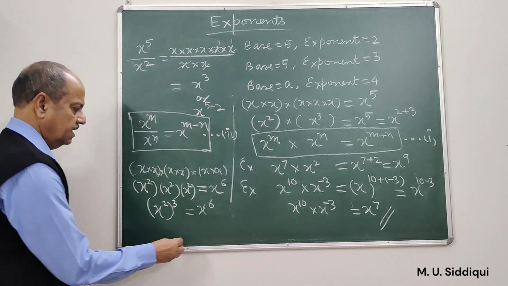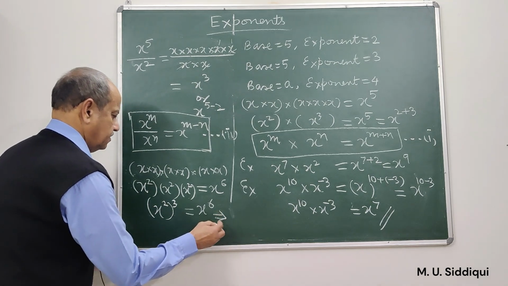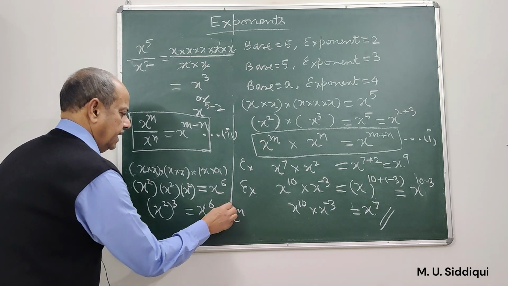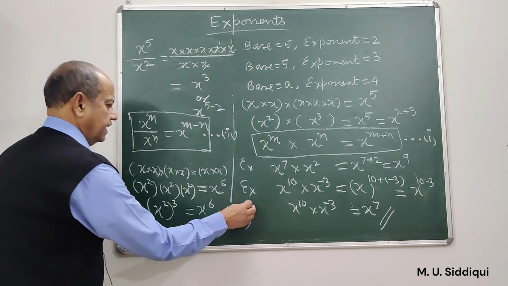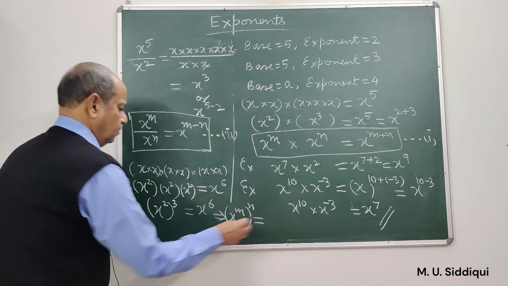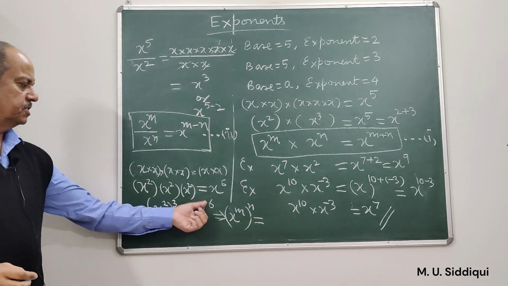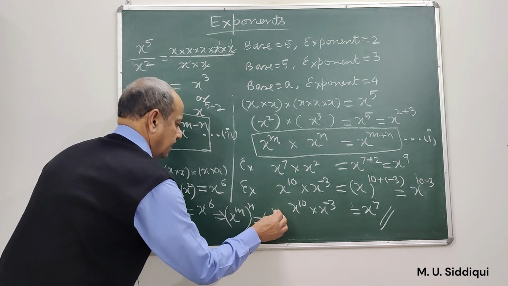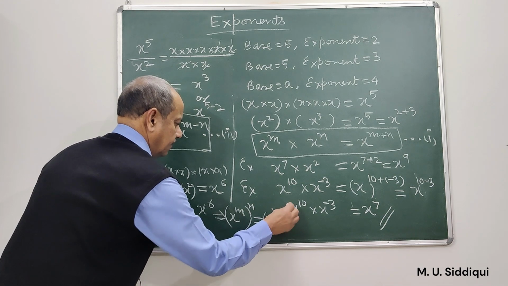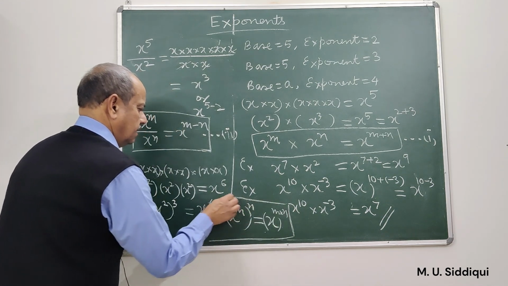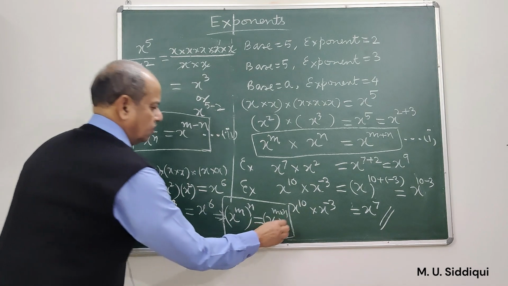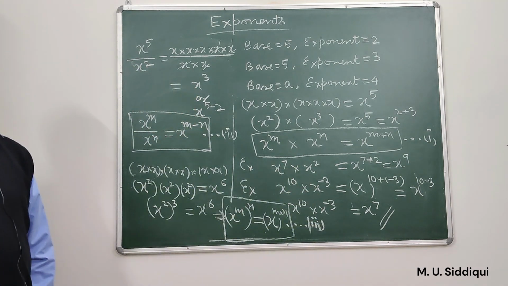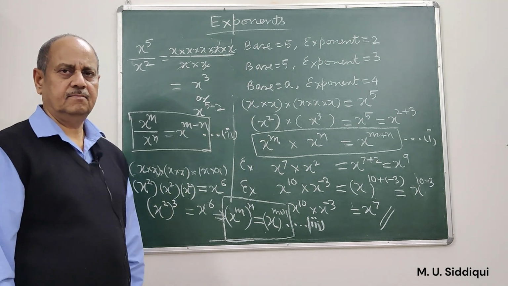Therefore, you can generalize that x raised to power, in general, some power say m, and above that there is another exponent say n, then this will be x raised to power m multiplied by n, and therefore this will become another result. This is your third result. Okay? That's it.